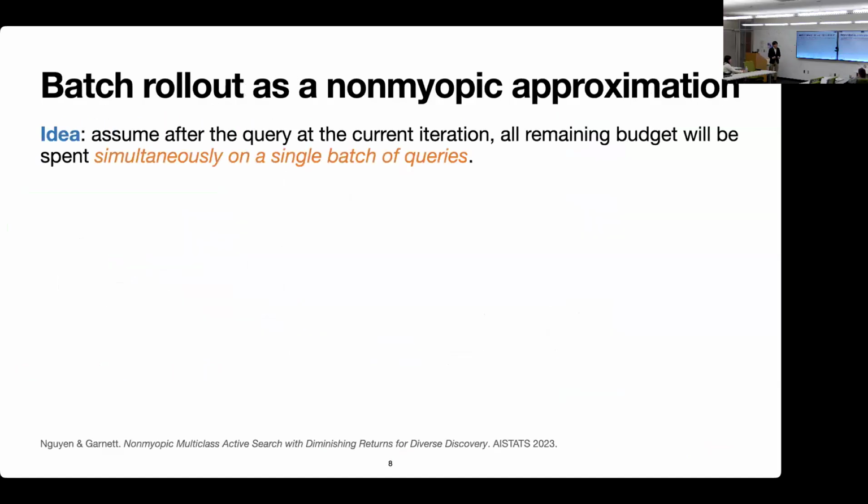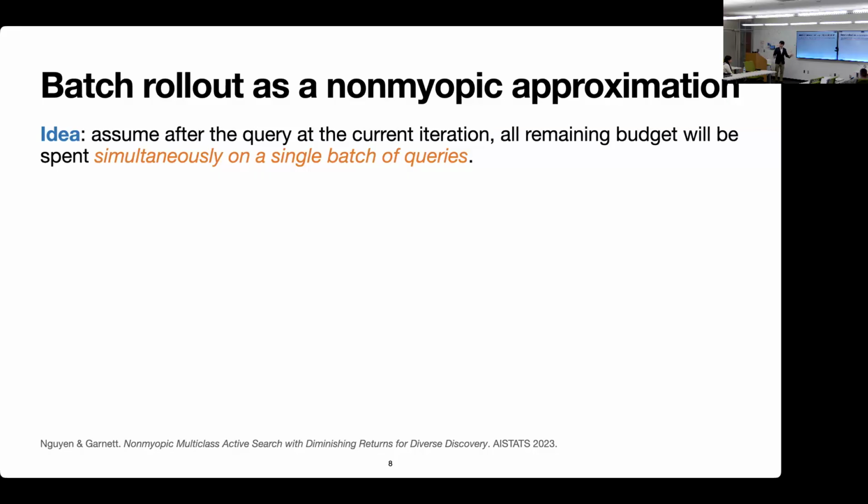So in my research, I care about finding ways to move away from this myopic heuristic and still try to account for the entire decision-making horizon that we have left. One particular heuristic that we have used is this batch rollout heuristic.